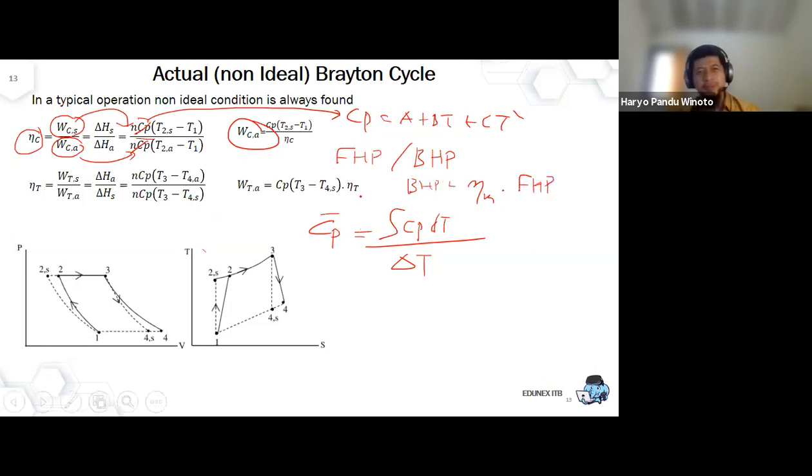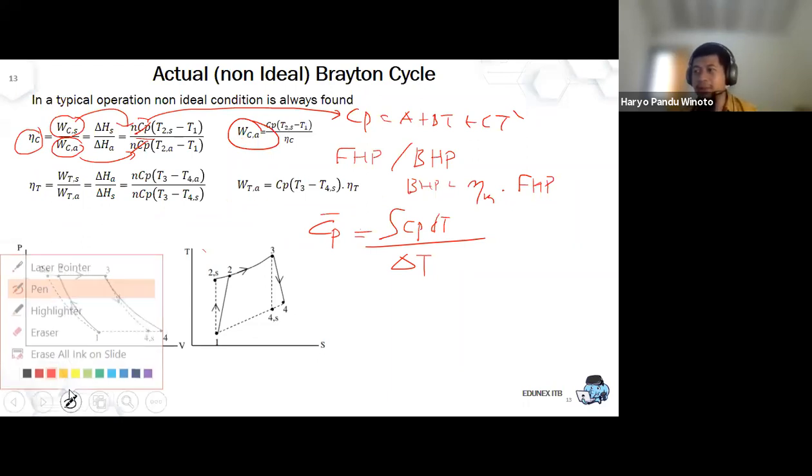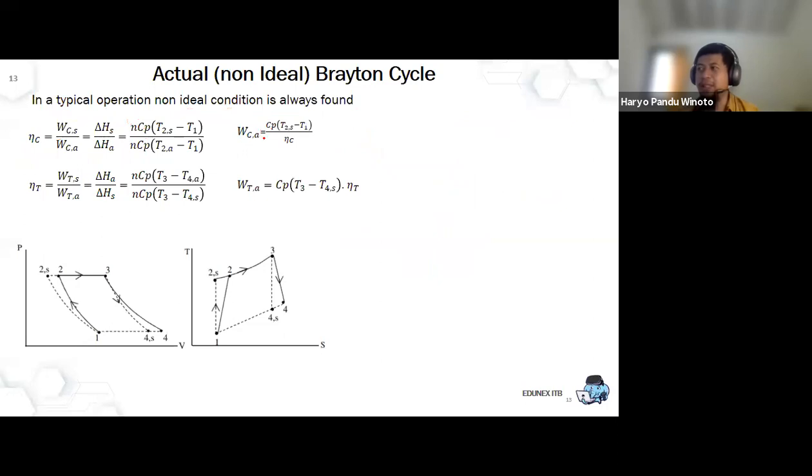It's going to be a little bit longer and it will deviate from our study today. So I'm calling this the compression work. The actual one is always this one: T2S minus T1 divided with this one.